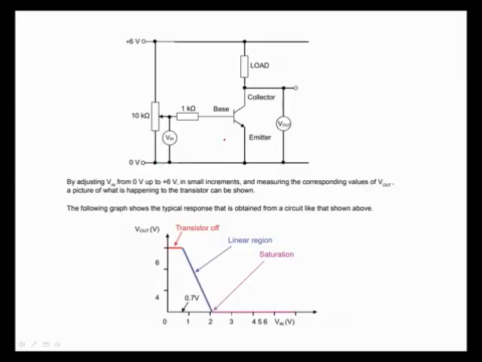This circuit here is a transistor circuit. This is an NPN transistor that we've been looking at. And in theory, it switches this load on and off. But in practice, what actually happens is it starts to switch the circuit on at 0.7.